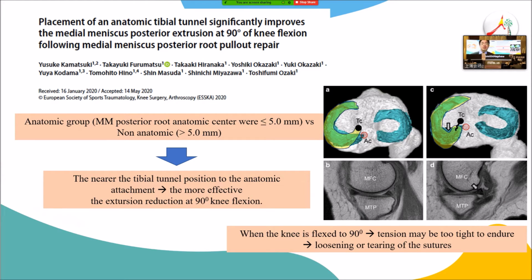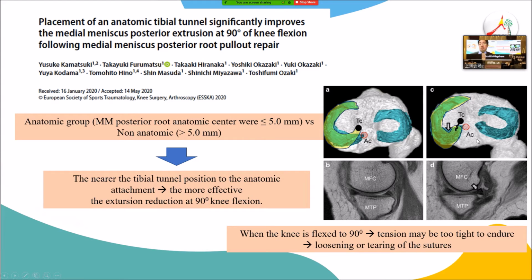Also, this article mentioned the placement of the anatomic tibial tunnel. This improves the medial meniscus posterior extrusion at 90 degrees after meniscus root pull-out repair. So the key point is you need to put the tunnel very close to the native footprint, because if you put it too far, you cannot reduce this extrusion.